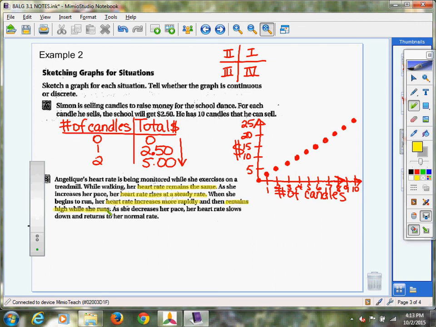So we have a steadier, stronger increase, and then she stays at that high for a little while. Now she's starting to slow down, so her heart rate slows down and returns to her normal rate. That's really interesting. We've got some great information here. It looks like we've got 1, 2, 3, 4, 5, 6 pieces that we're going to need to graph here.